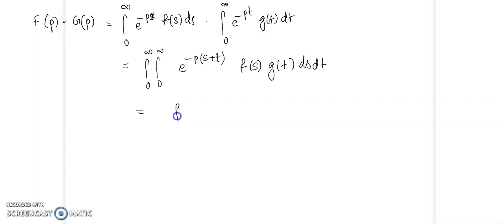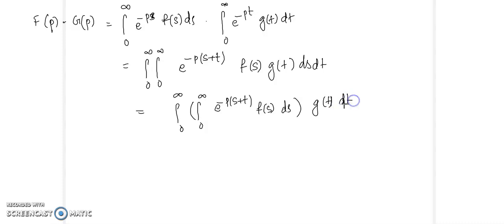Now this can be put as integral 0 to infinity, then integral 0 to infinity, e raised to minus p (s plus t) f of s ds, then you have g of t dt. And now this is in the form of a Laplace transform.